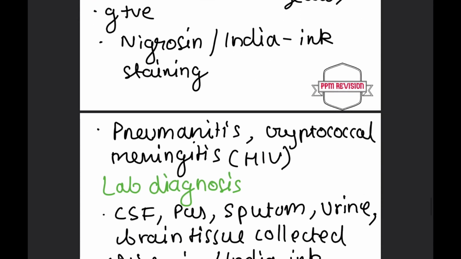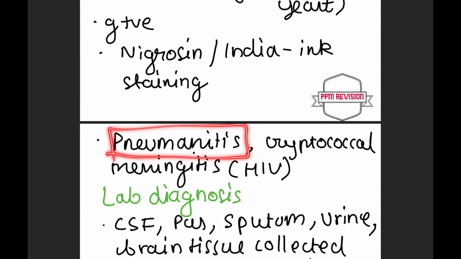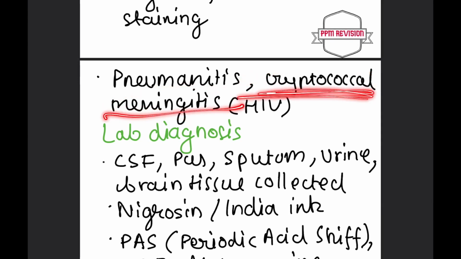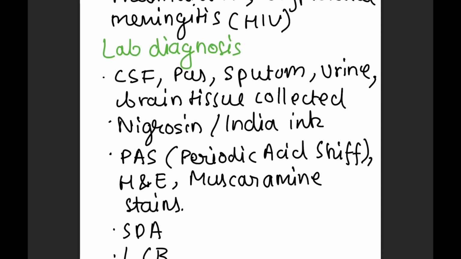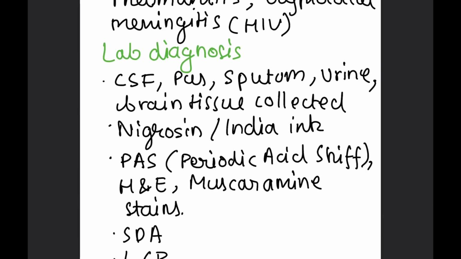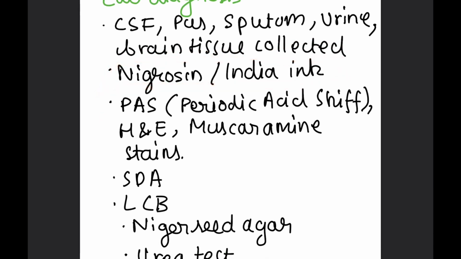and then it leads to medical conditions. Why should we study this? It leads to conditions such as pneumonitis and cryptococcal meningitis, which is a main important feature, and it is mainly seen associated with HIV patients. Then going on to lab diagnosis. For a cryptococcus patient, firstly you take the CSF, and you also collect sputum, urine, and brain tissue, and as mentioned earlier, you use nigrosin and India ink.